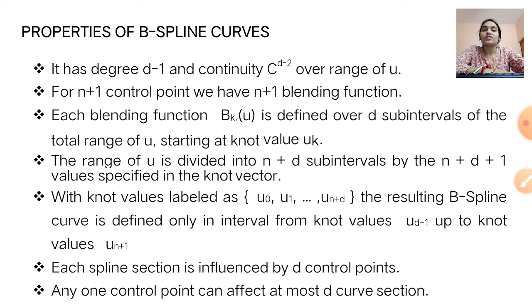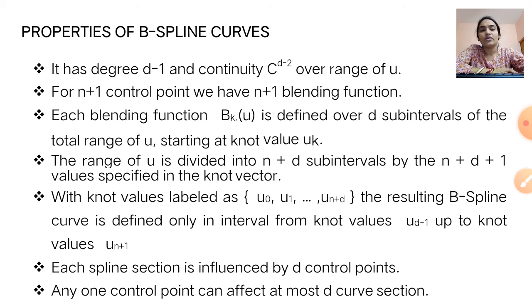Each blending function Bk of u is defined over d subintervals of the total range of u, starting at knot value uk. The range of u is divided into n plus d subintervals by the n plus d plus 1 values specified in the knot vector.